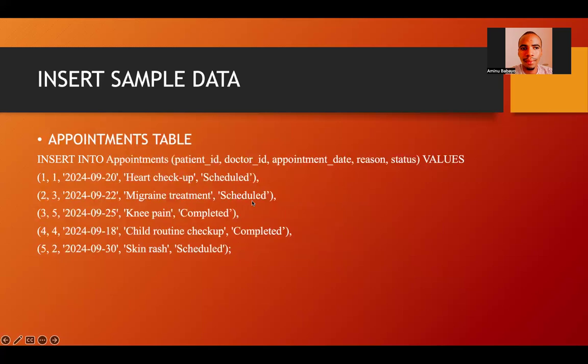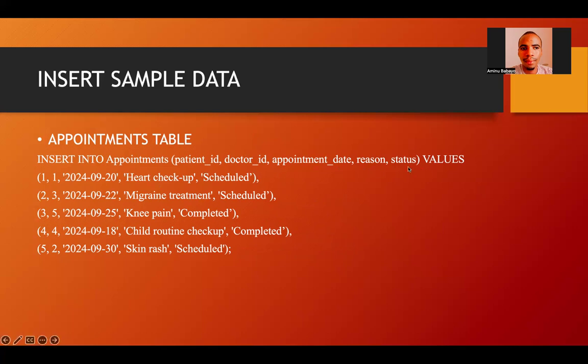So this is inserting sample data into the appointment table. We have insert into appointment: patient ID, the foreign key of the patient table there, doctor ID, this one is the foreign key that will reference doctor ID in the doctor's table, appointment date, reason, and status.